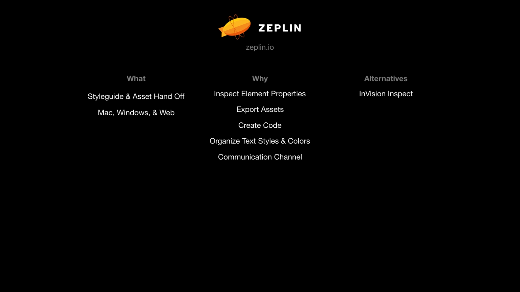Another alternative: InVision also has what they call Inspect, and it's basically the same thing as Zeplin. There's just a few small reasons we decided to stay with Zeplin instead of going with InVision. But if you're looking to subscribe to InVision, you could get by with using InVision for prototyping, InVision Studio for designing, and InVision Inspect for this handoff.